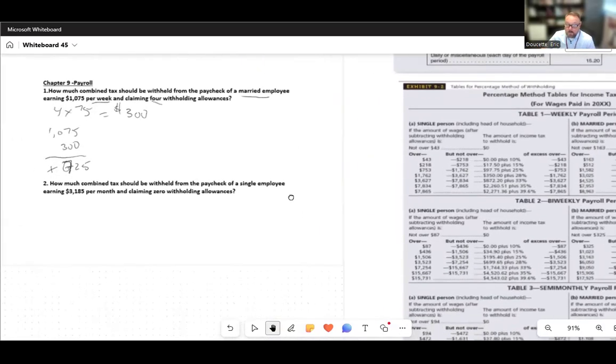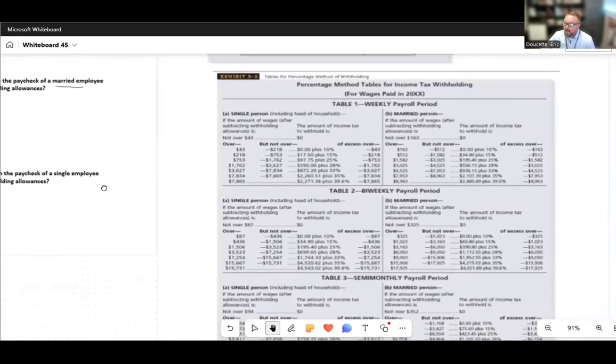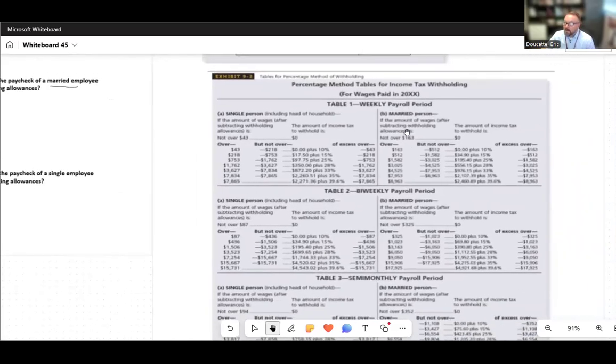In our case, though, we're at $725, so that would take us to the married column again, weekly, and we would fall into this second column, $512 to $1,582. So that's our taxable income. Ours is $725, so that means we're going to fall within that bracket.